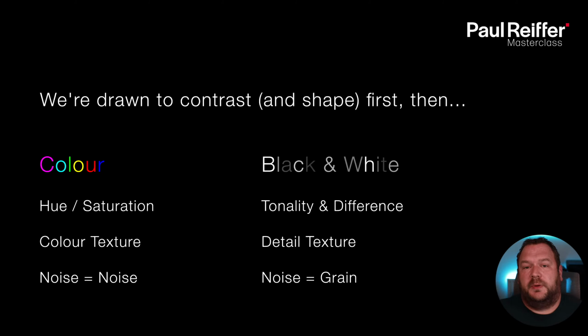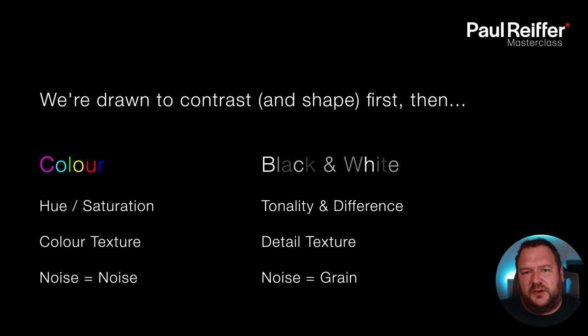So when we look at a picture, we tend, in black and white terms, to see detail much quicker. So it goes from contrast straight to detail and micro contrast and texture. Whereas with colour, it goes from contrast and shape straight to boom, colourful, not colourful, muted, vibrant, and all that sort of thing.